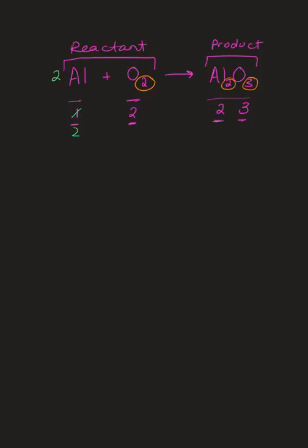Now, you can look at this and think, well, if I put a 1.5 over here, if I double 1.5, then I have 3. Then this becomes 3. And now it looks good, except it's weird to have 1.5 molecules of something, right?